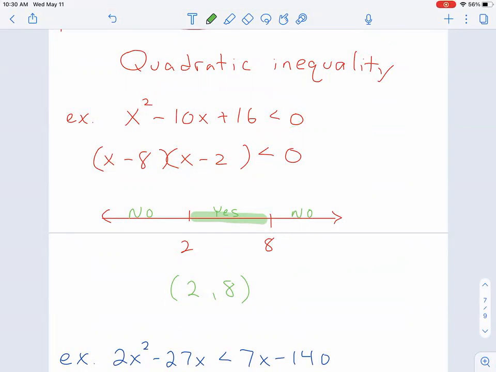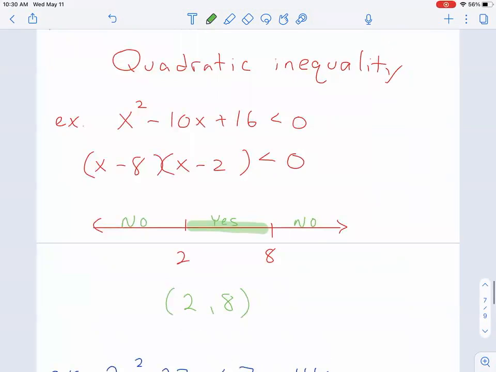What's happening here is that this is a parabola opening upward. And the way this question is worded, it's saying, when is the parabola below 0? It's below 0 right here, which is the region from 2 to 8.